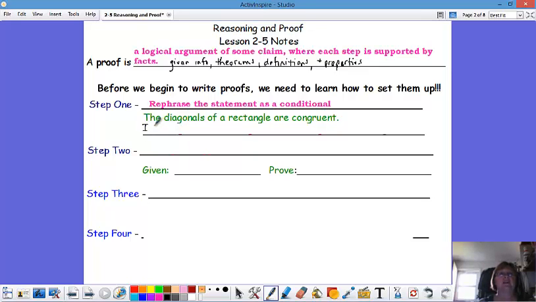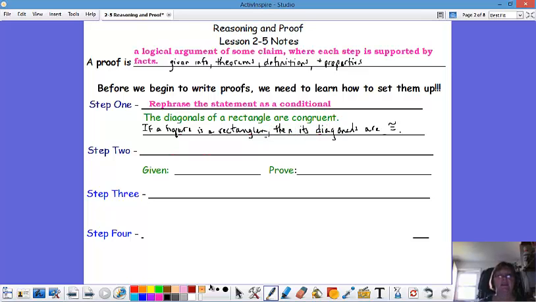So if a figure is a rectangle, then its diagonals are congruent. Okay, so this helps us. You could think about this as like reading the problem in a story problem, right? We're really looking at the thing that we want to prove, and we're breaking it down into what we can work with.